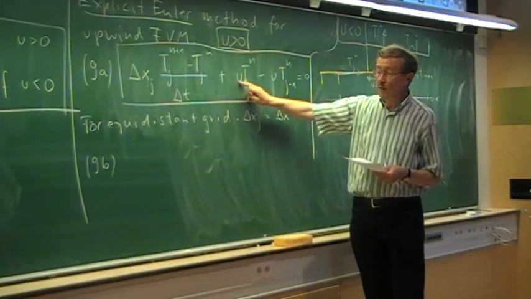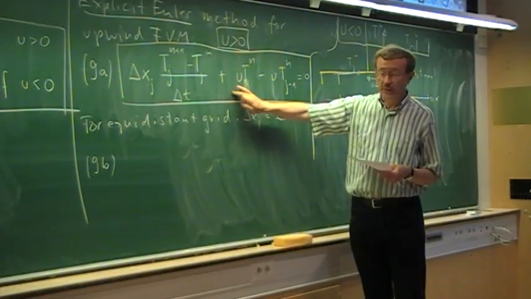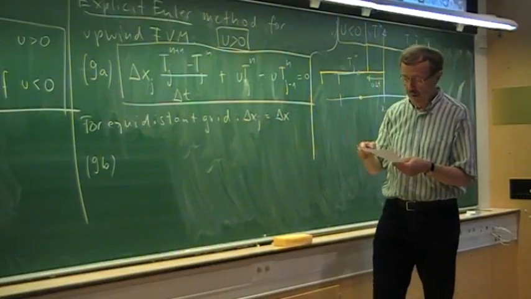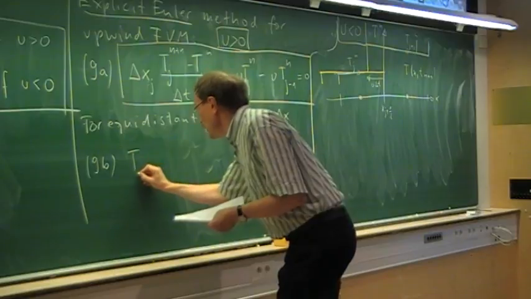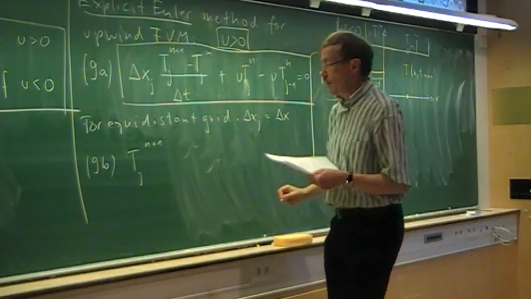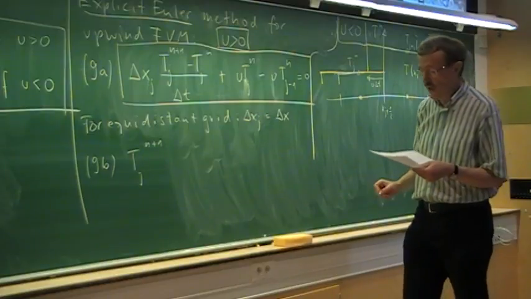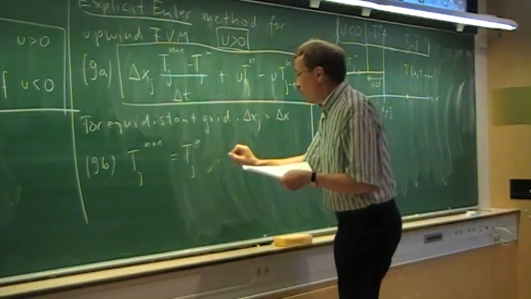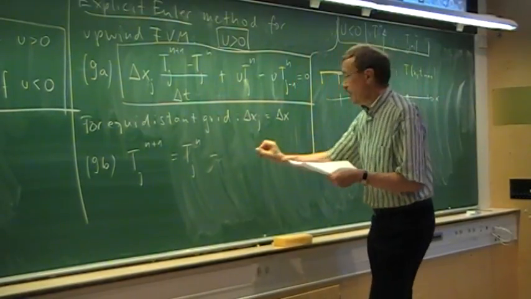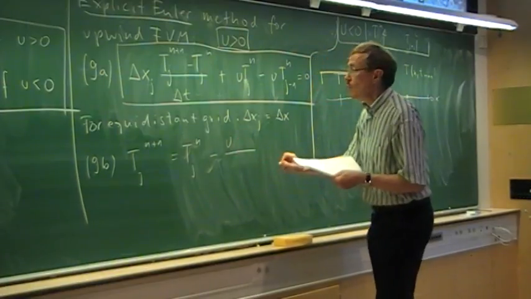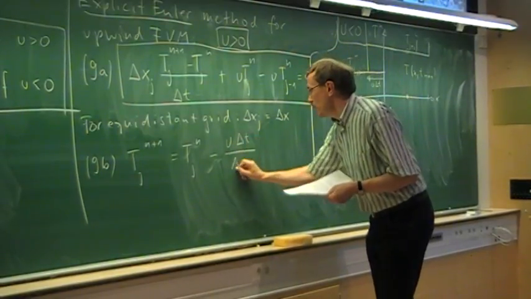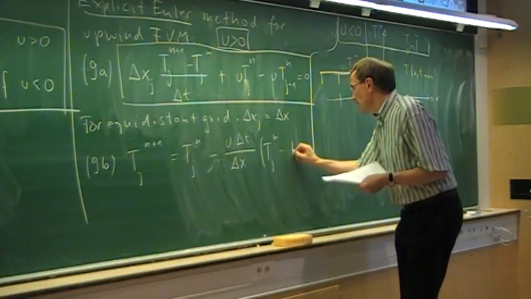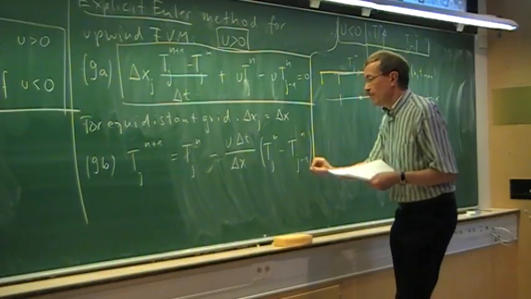And then we get here delta t over delta x times u. We can factorize u, and then we have this difference. We take that to the right-hand side, and then we get that the solution in cell j at the new time level is equal to the solution at the old time level minus, because we brought that on the right-hand side, u, which we have factorized, multiplied by delta t divided by delta x, and then this difference, T_j^n minus T_{j-1}^n.